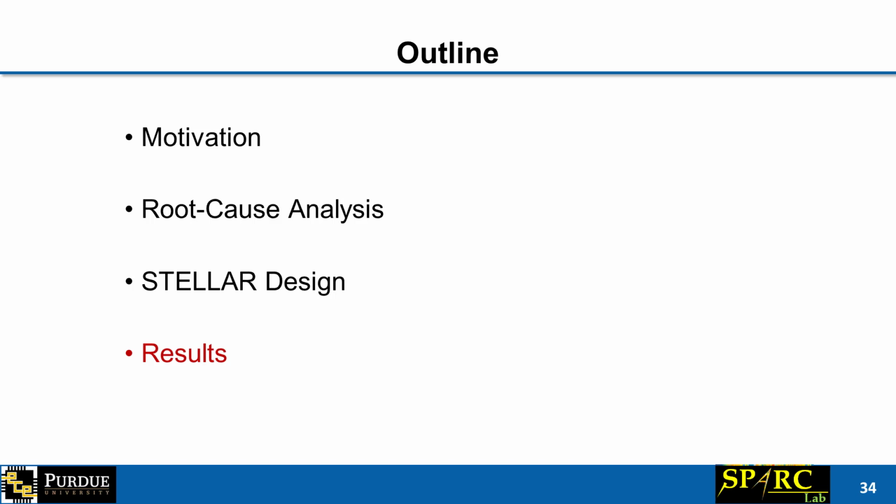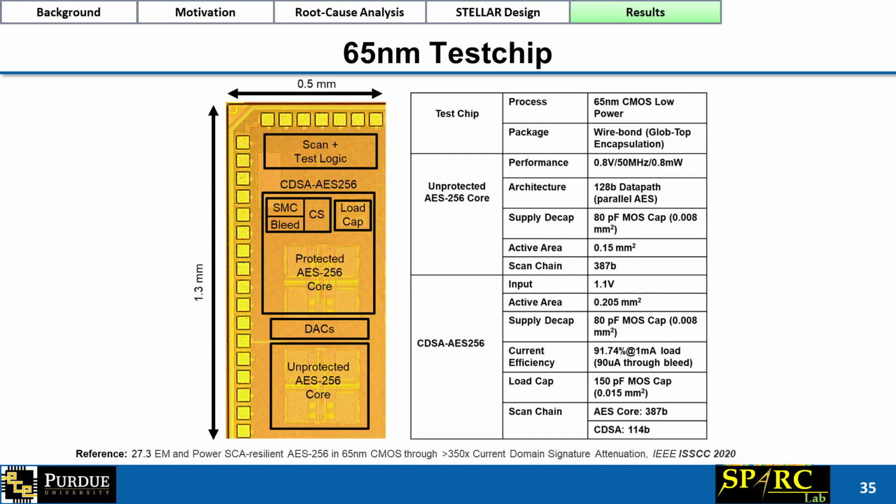Let us now look into the measurement results. We designed a 65 nanometer test chip with both electromagnetic and power resilient AES-256 and subjected it through both time and frequency domain correlational attacks as well as leakage assessment. These measurement results were first presented at the ISSCC 2020 conference.